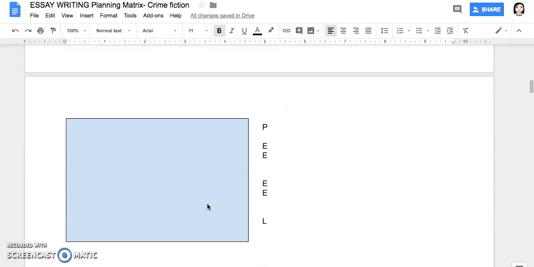So I've visually represented that as a rectangle, could be a square as well, and here's where I have my PEEL. There are two E's there because in my proposed structure I have two different pieces of evidence to support my points, and that's why I doubled it up.